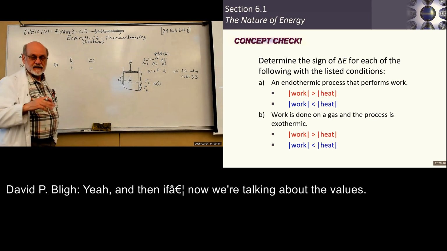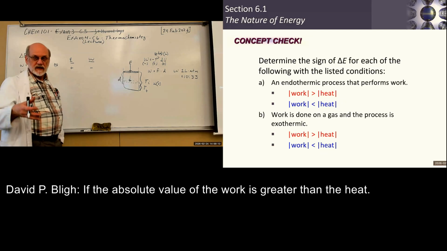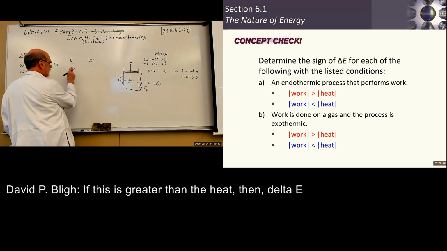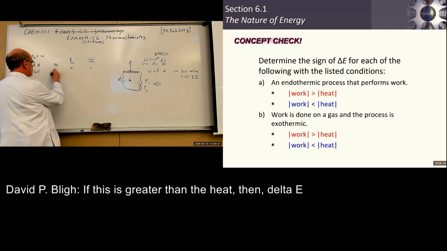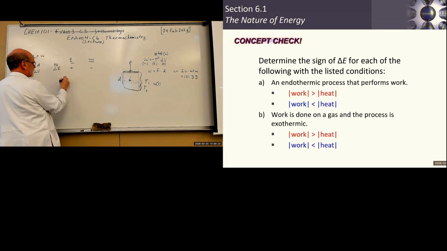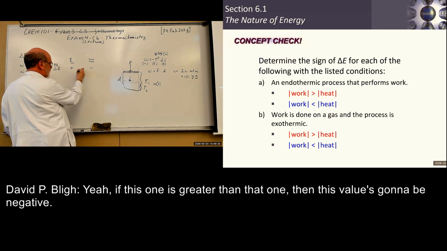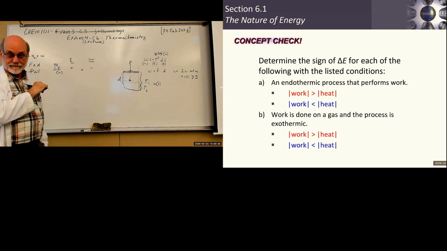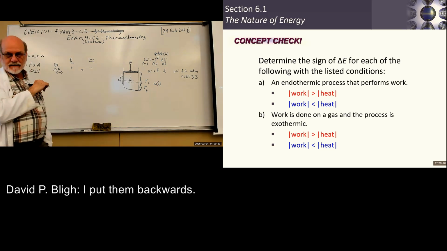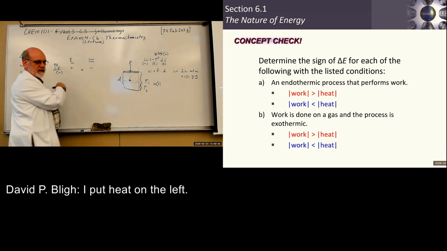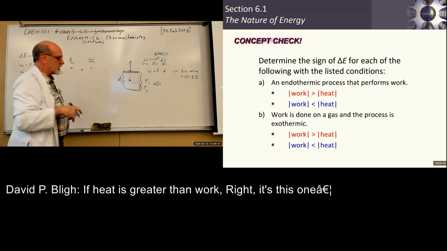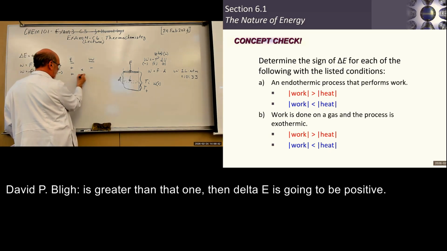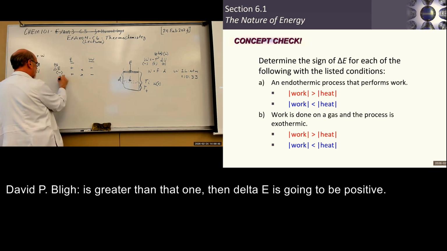Now we're talking about the values. If the absolute value of the work is greater than the heat, then delta E is going to be negative. I put them backwards. I put heat on the left. If heat is greater than work, then delta E is going to be positive.